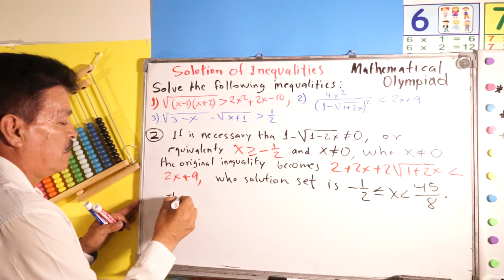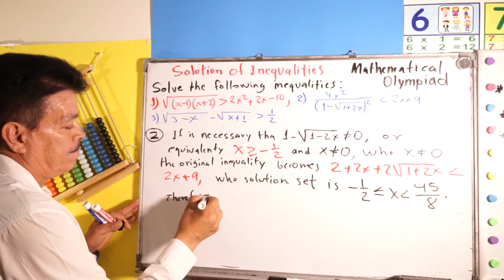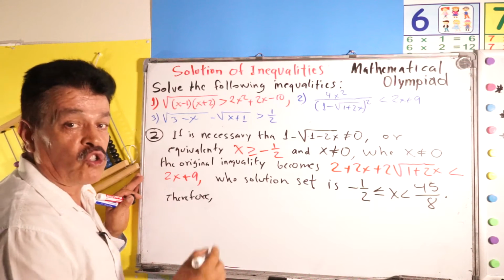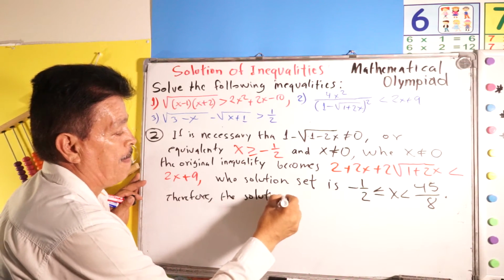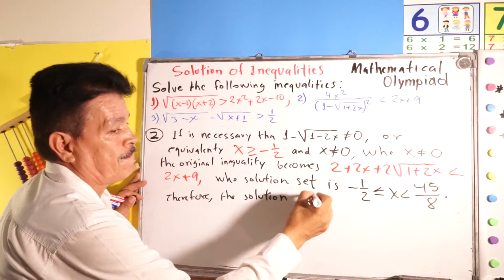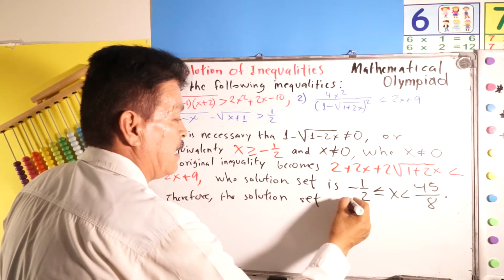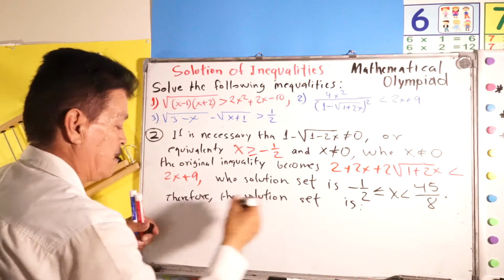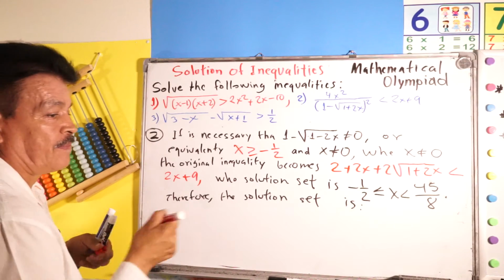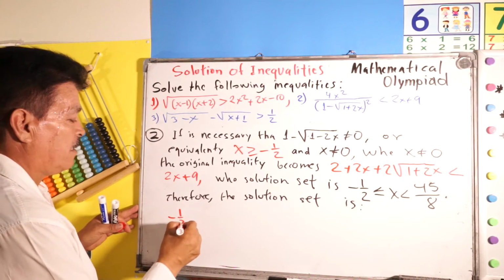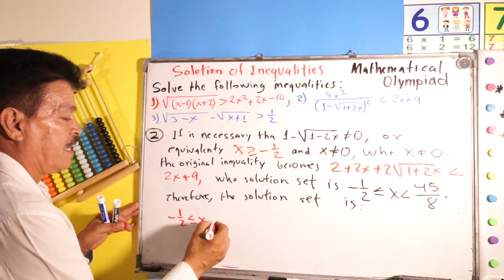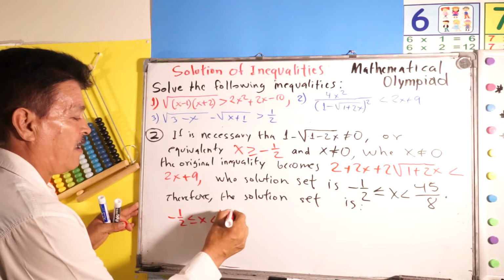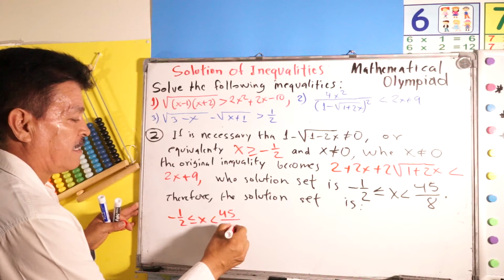Therefore, the solution set is negative 1/2 less than or equal to x, and x less than 45/8.